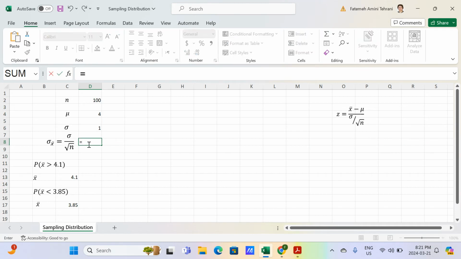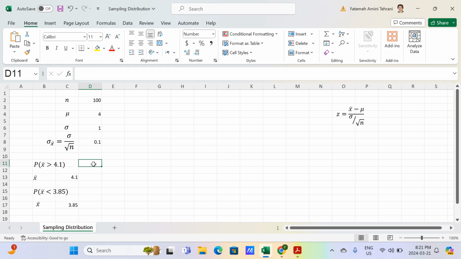In the formula, I need to enter that to find the probability. So sigma is 1 divided by the square root of n. Sample size is 100. So 0.1 is sigma x bar, or the standard deviation of x bar.